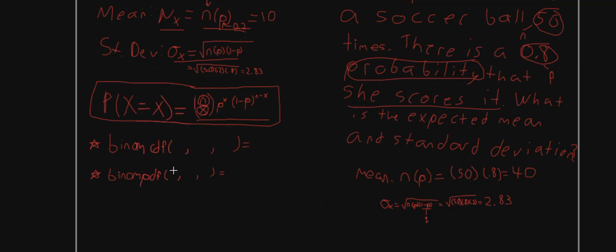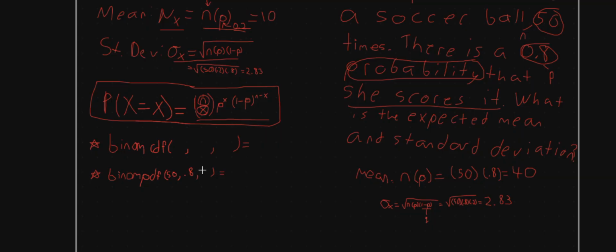Let me do PDF first because that's a little easier. 50, and then your p-value. It's going to ask for your p-value next, which is 0.8. And then let's say College Board says, what is the probability that out of the 50 trials the first success is going to be achieved, that she's going to score this goal in the 10th trial?